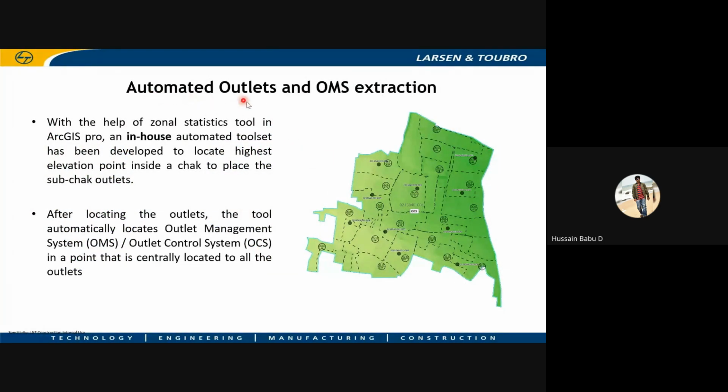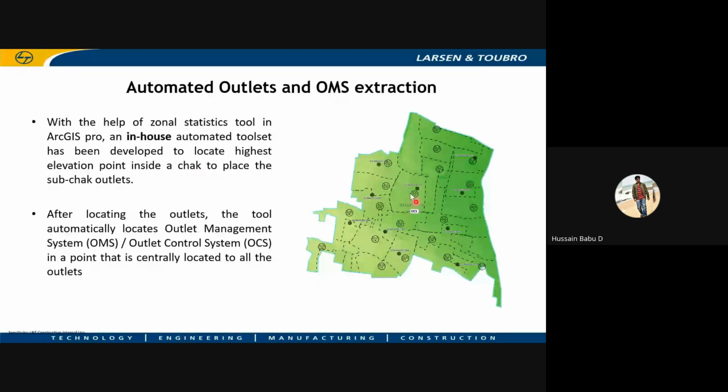And then automated outlet and OMS extraction. After preparing the checks, we need to place an outlet for each check. Those outlets should be at the highest elevation point of each check, so that if the outlet is placed at that point, everybody can get the water throughout the check.